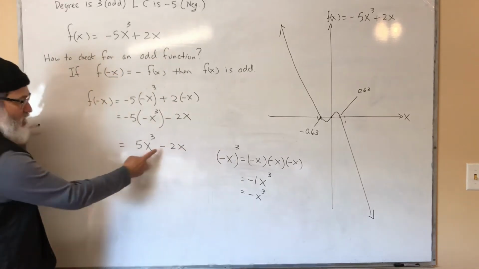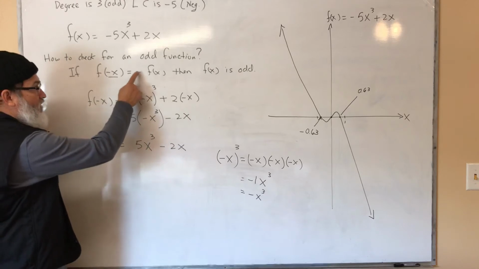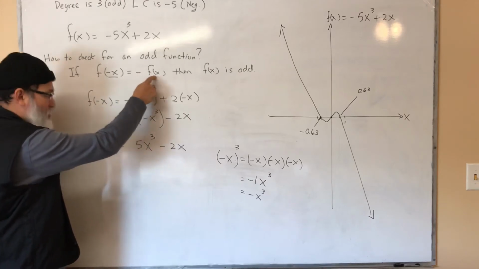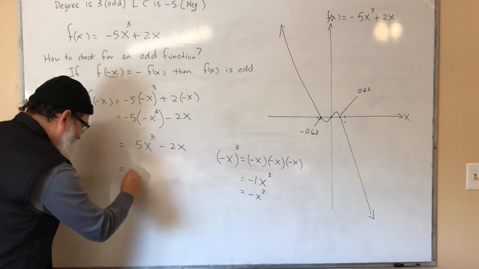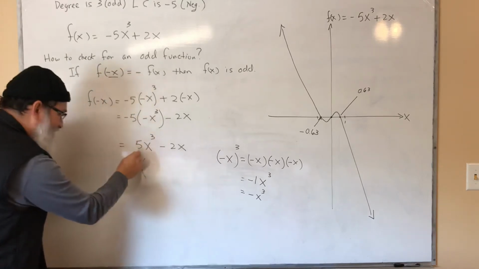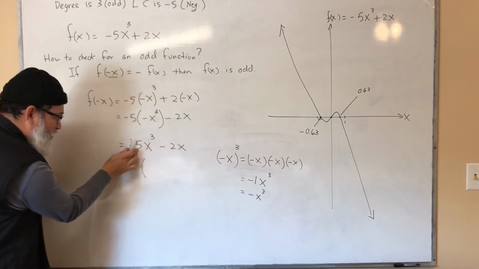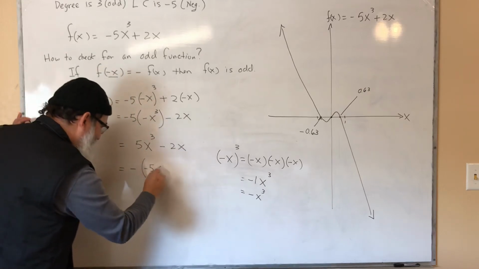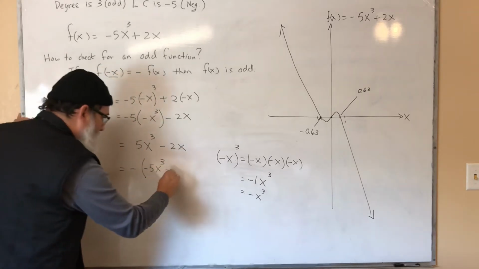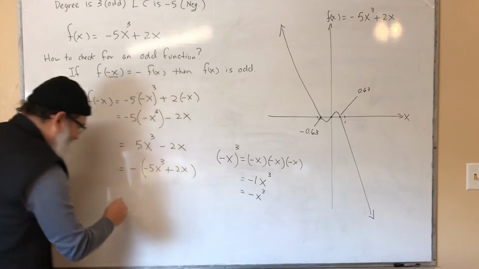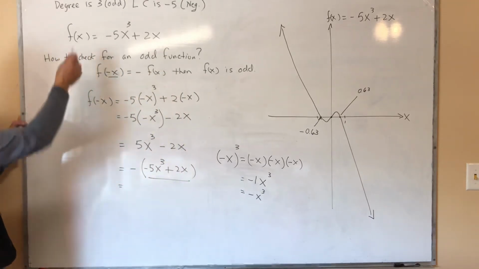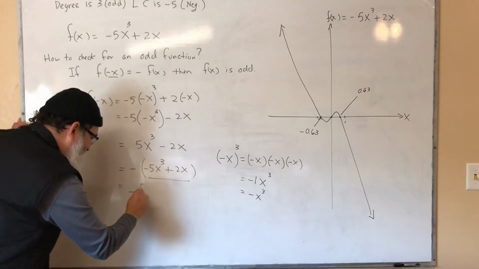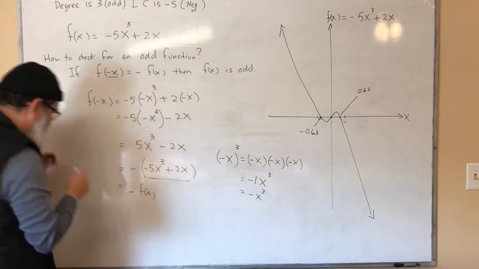Now you factor out a negative because we want to know if this is the opposite of the function. So let's take out a negative. Negative times what gives you positive? Negative 5x to the third plus 2x. And what is this, guys? It's the function itself, so this is negative f of x.